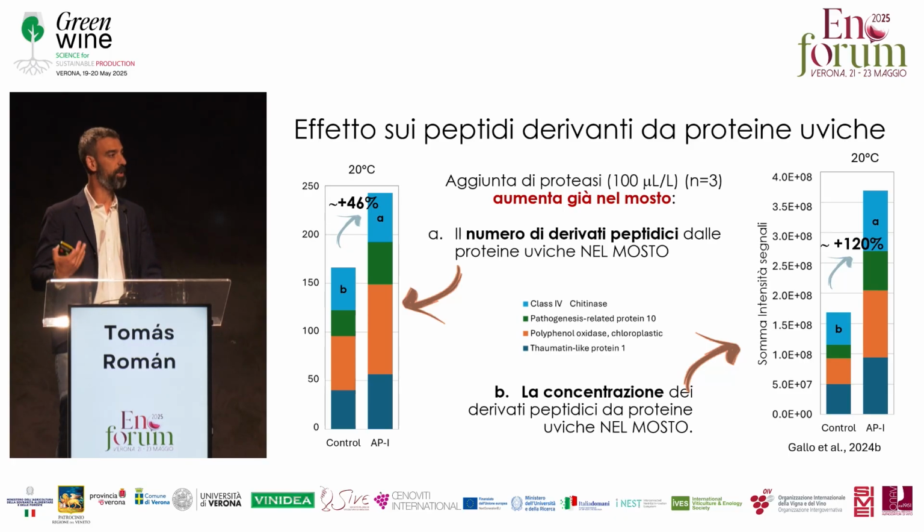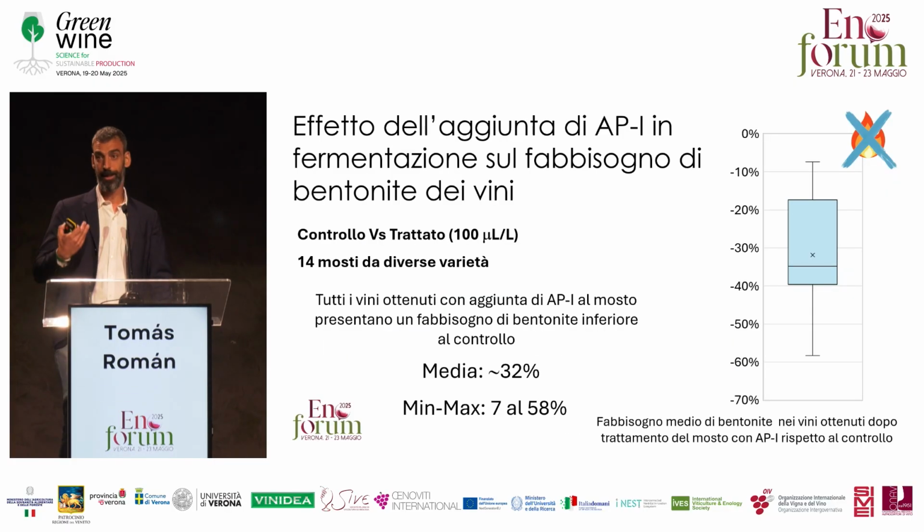The alcoholic fermentation showed that there had been an increase in numbers of the fragments of peptides that come from the grapes and the concentration of these peptides, therefore confirming that even under a heating treatment applied to the must, a reaction and a result are possible.